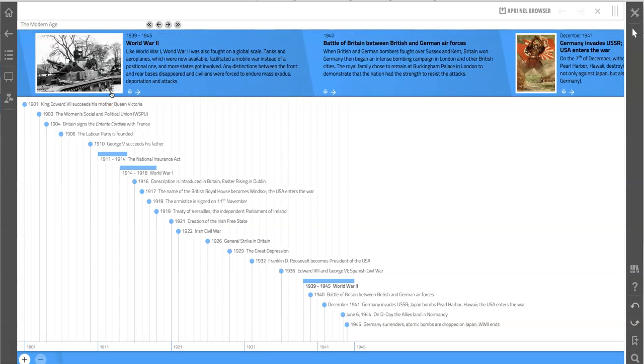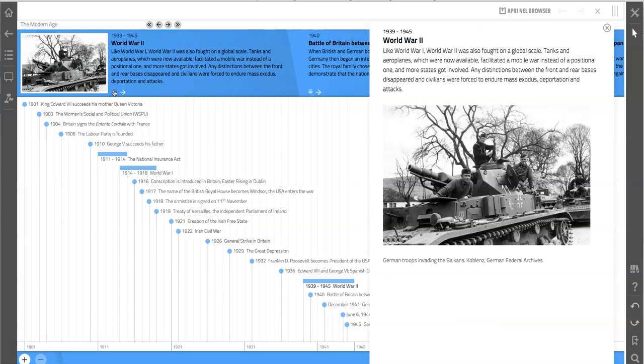The next event, the breaking out of World War II, which lasted from 1939 up to 1945. Like World War I, World War II was also fought on a global scale.